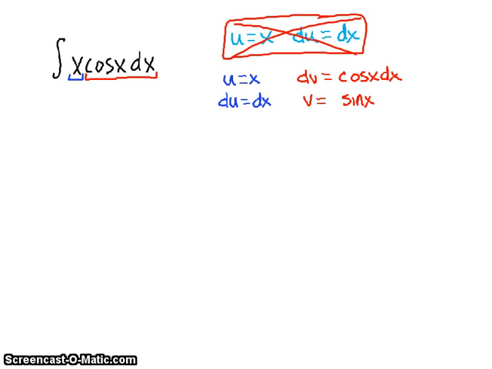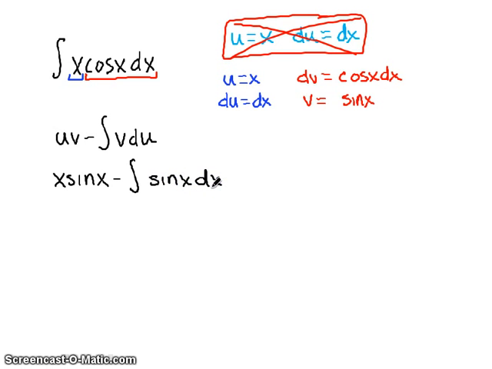Now we have our u, v, du, and dv. Our formula says the antiderivative is uv minus the antiderivative of v du. Plugging in the pieces, uv is x sine of x minus the antiderivative of v, which is sine of x, du, which is dx. We're still left with an antiderivative, but this is much easier.